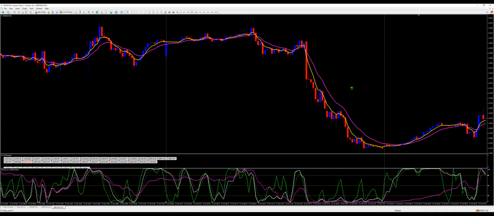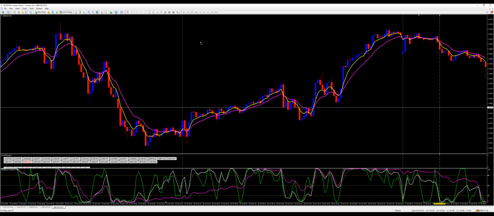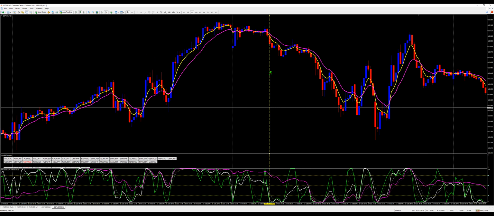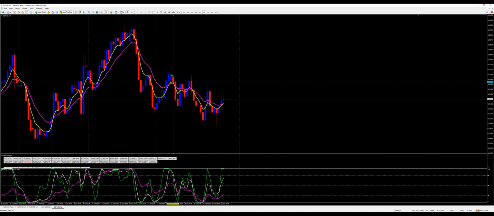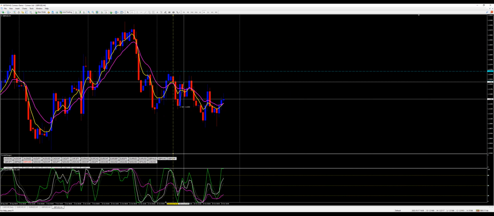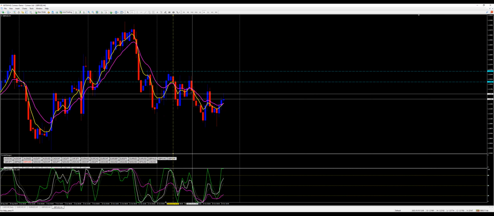Now I'm on the 15. My first swing short is somewhere in here. Not ideal, but it's there. Look at the H4. Stop loss is up here. And I get my pips. 60 pips there.